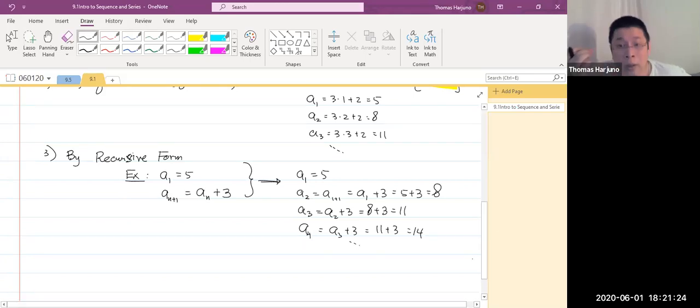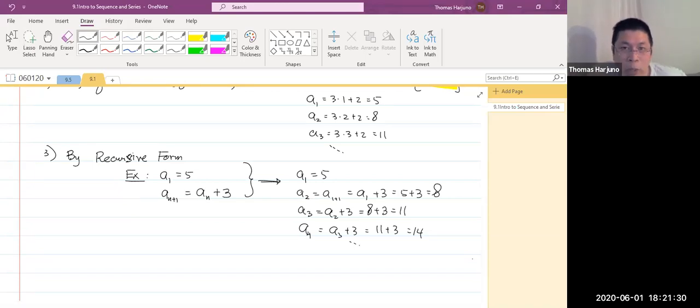But we see the pattern, how to get the next term. But we cannot jump right away to, for example, the 100th term. For us to get the 100th term, we need to get the 99th term. And for us to get the 99th term, we need to get the 98th term, and so on and so forth.